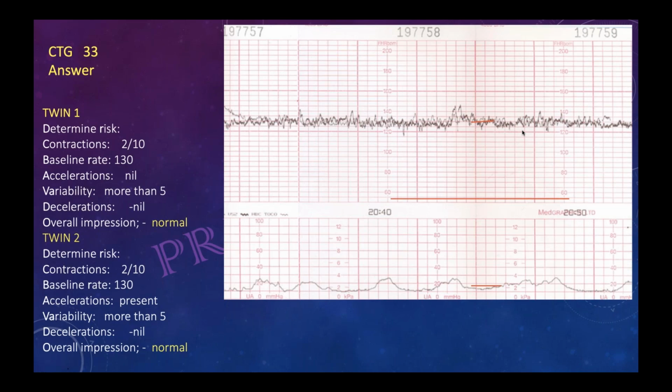Ma'am, I have a small doubt. In twins, there should be at least a 20 beats per minute difference in baseline to trace them differently. But here the variability is the same, and the baseline is the same for both twins. Yeah, it appears the same. You're right, what you are saying is right.